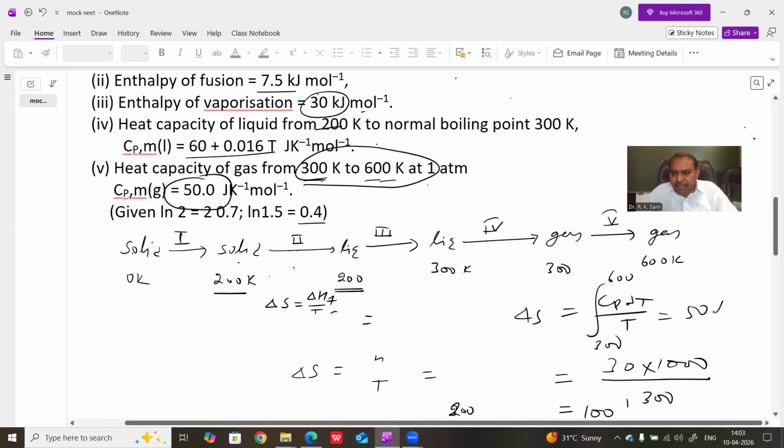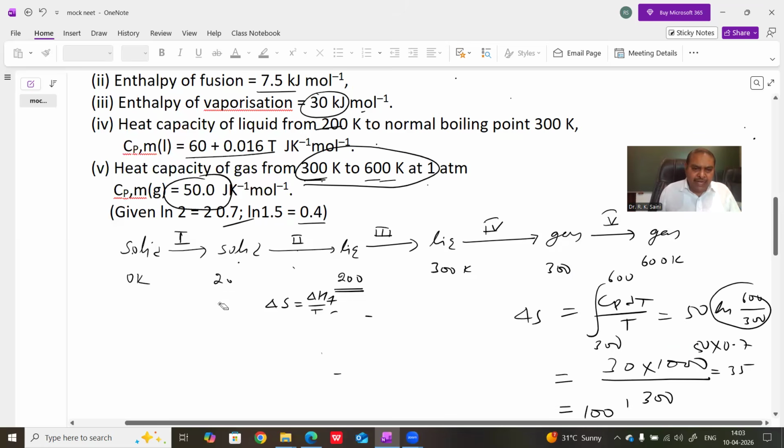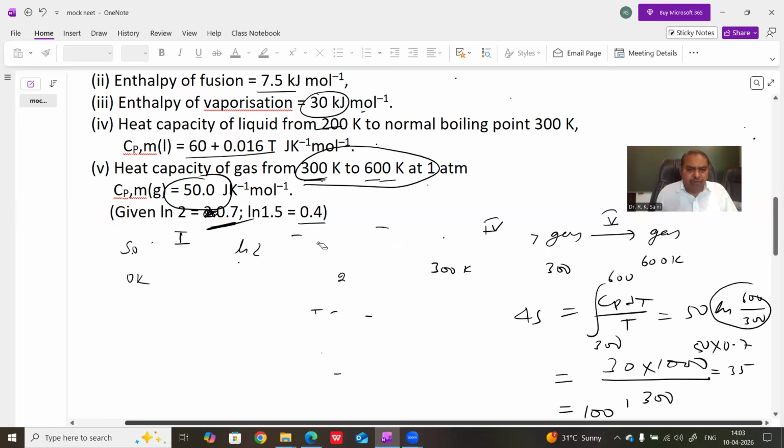Therefore, 50 ln T2 upon T1, that is 600 upon 300, and ln 2 is given as 0.7. So 50 into 0.7 equals 35. Please note the values: ln 2 is 0.7 and ln 1.5 is 0.4.